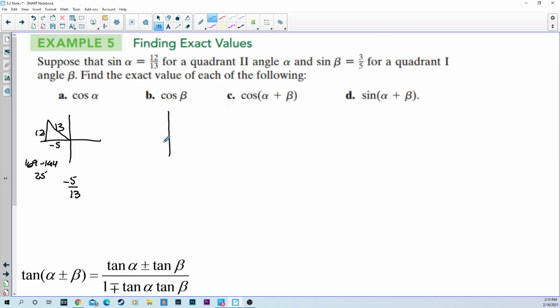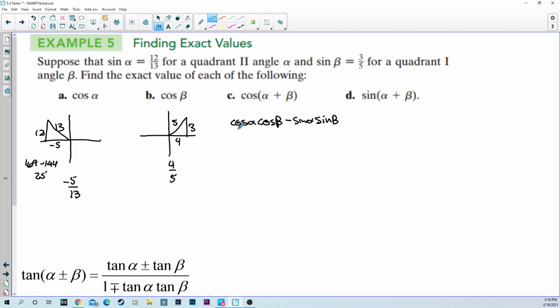Beta is a quadrant 1 angle. So here's quadrant 1. And its sine is 3/5. So 3/5, that makes this a 4. The cosine of beta is 4/5. Now we want the cosine of alpha plus beta. Now the pattern for cosine is cosine alpha, cosine beta. Cosine's the opposite sign. Sine of alpha, sine of beta.